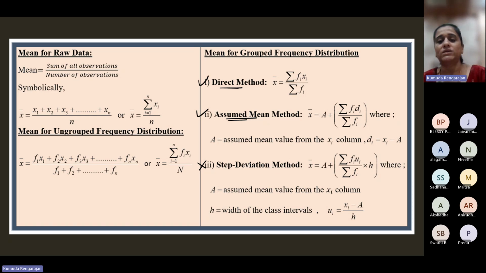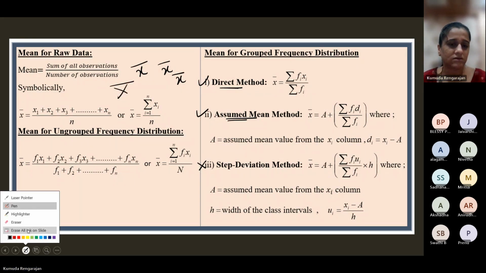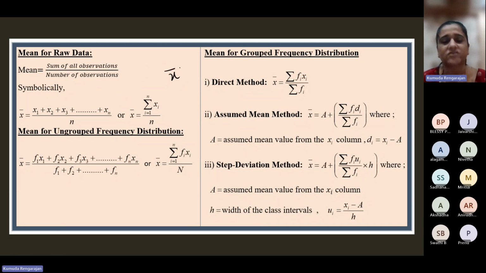So for the direct method, the formula is, x bar is a symbolic way of representing mean. It is a small x, not capital X, with a bar placed over it, though sometimes in textbooks we see variations. Conventionally it is small x bar.